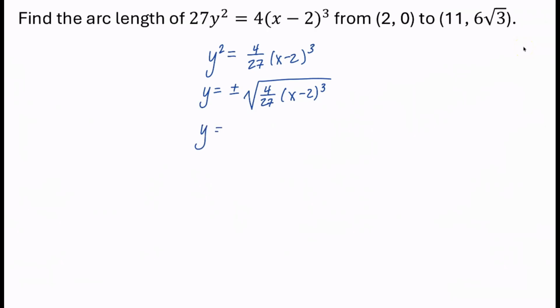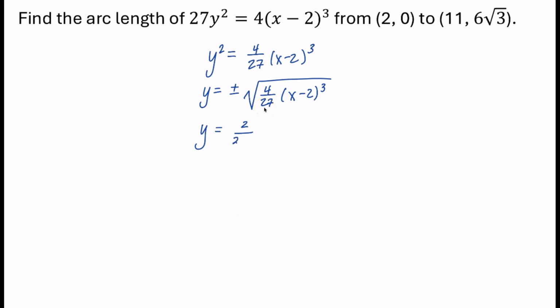So y is going to be equal to positive. Let's take the square root of 4 and the square root of 27 and simplify those coefficients in the front. The square root of 4 is 2. That's nice. And then the square root of 27, 27 is 9 times 3, and the square root of 9 is 3.